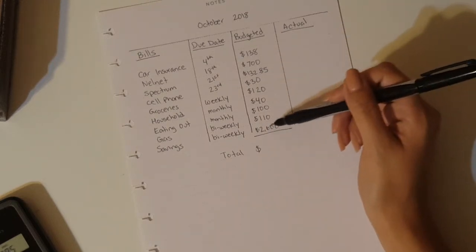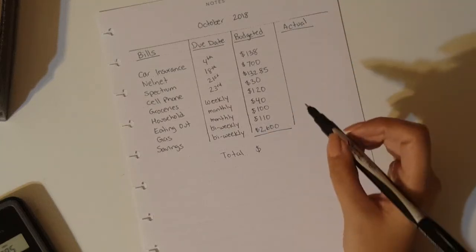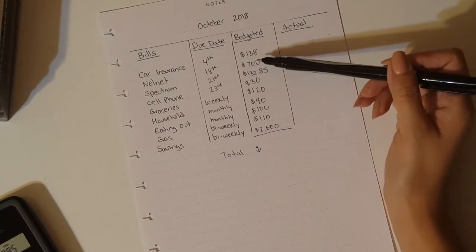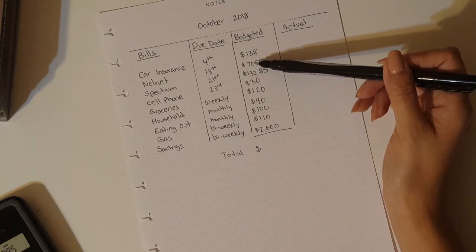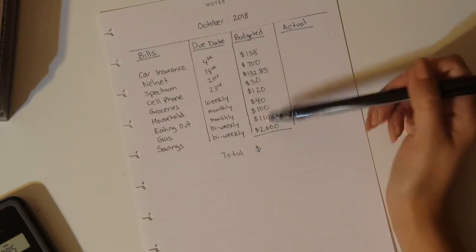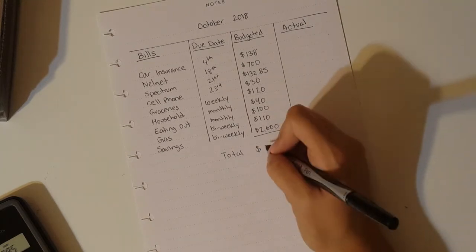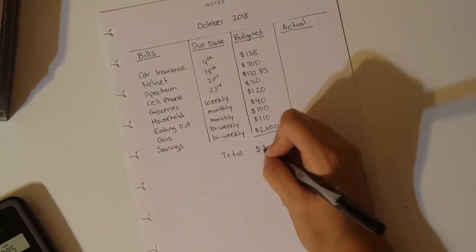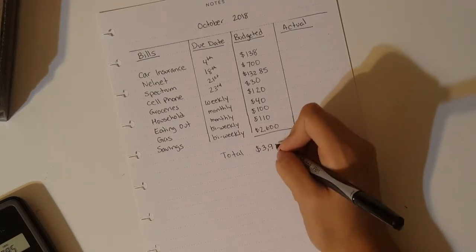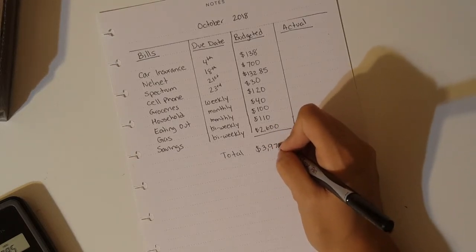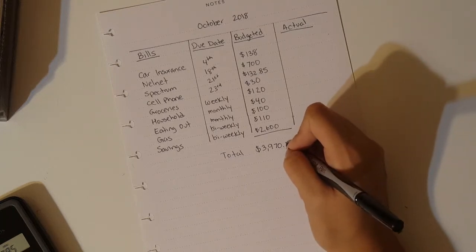So basically, as much as I can put in here, that's going to be my priority. As well, you know, as my school loan, which is here, but this is basically my priority right now. So the total, it's going to be $3,970 with 85 cents.